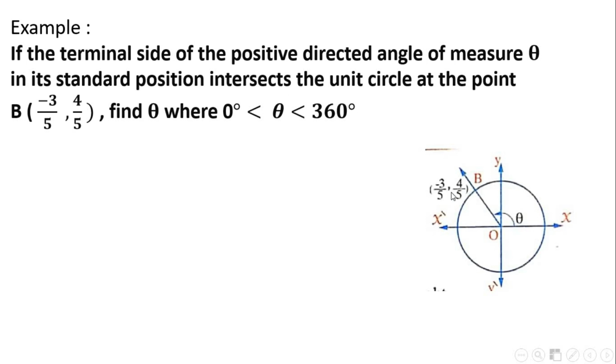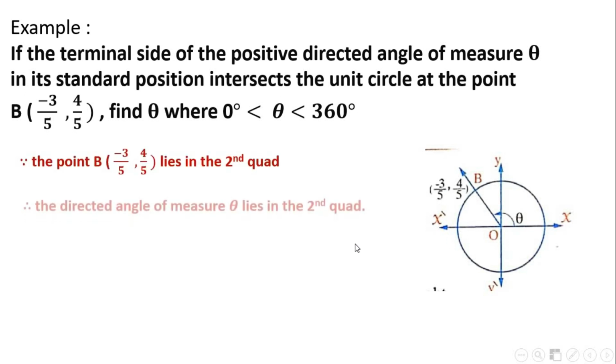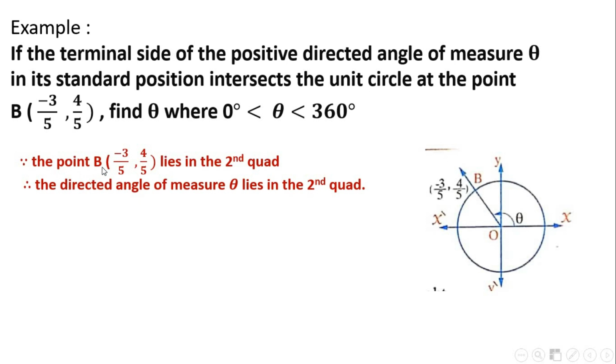As you see in the figure, this is point P on the XY coordinate plane, negative 3 over 5 and 4 over 5. Since the point P lies in the second quadrant because the first projection is negative and the second is positive, the directed angle of measure theta lies in the second quadrant.